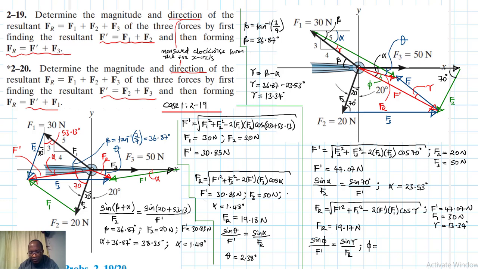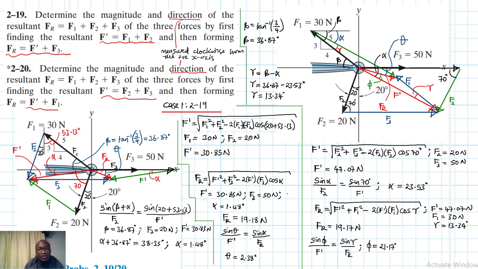We get 21.17 degrees. Let me check it again: 30 sine 13.34 divided by 19.17, sine inverse of that, 21.17.